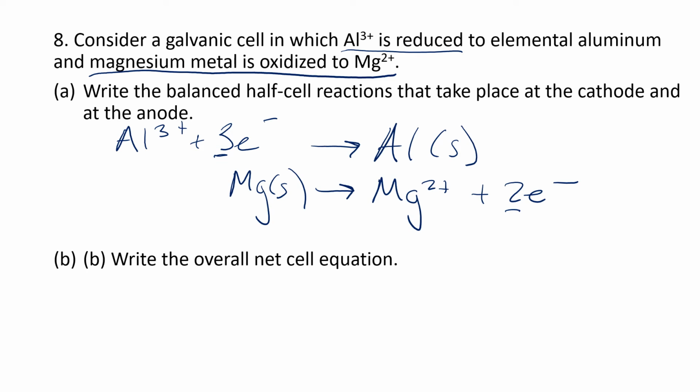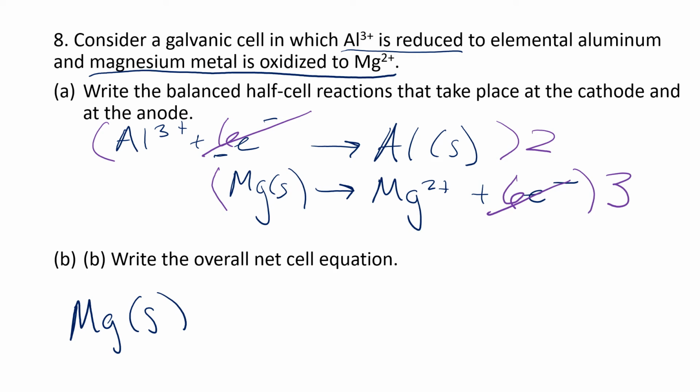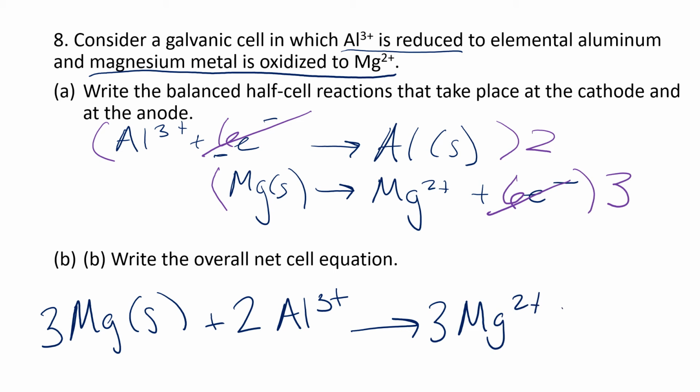So I'm going to multiply magnesium by 3 and aluminum by 2. That's going to change this number to 6. So I can then cancel out and bring down the overall equation. So I have magnesium solid with a 3 out front, plus 2 Al 3 plus, becomes 3 Mg 2 plus, plus 2 aluminum solid.